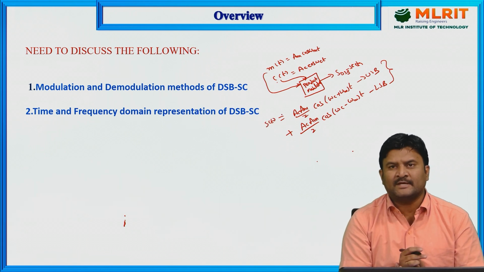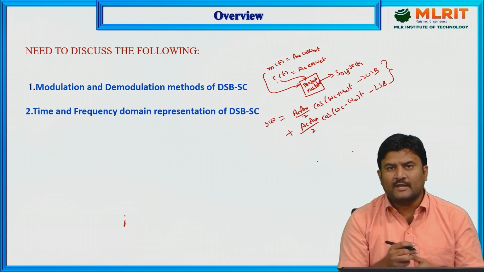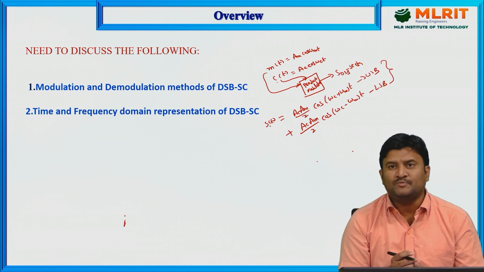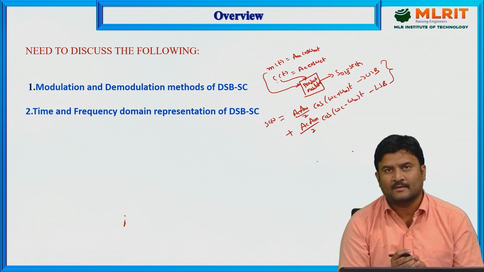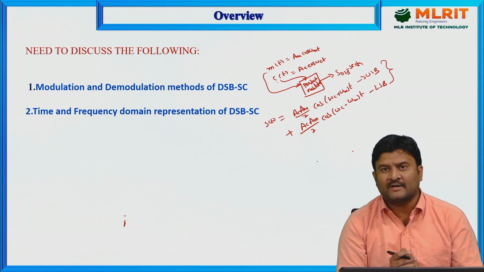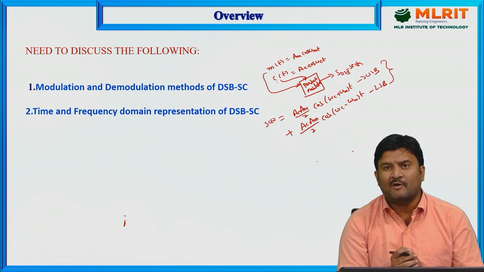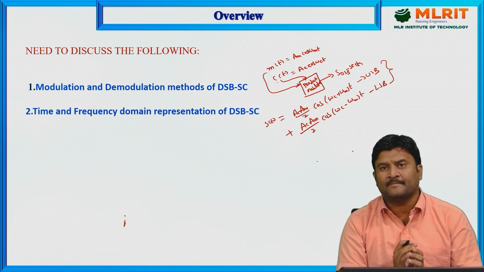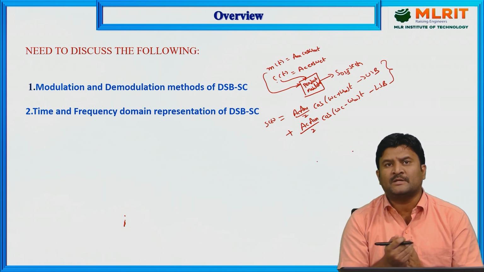This is called modulation. Demodulation means the input should be s(t), a DSB-SC modulated signal, and the output should be the message signal m(t). That is called detection or demodulation.